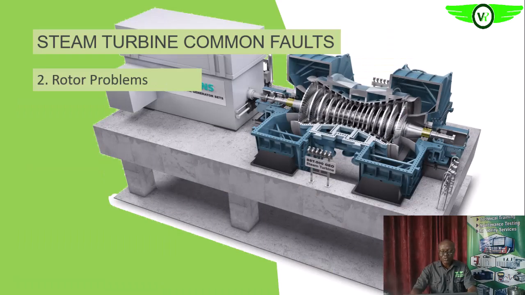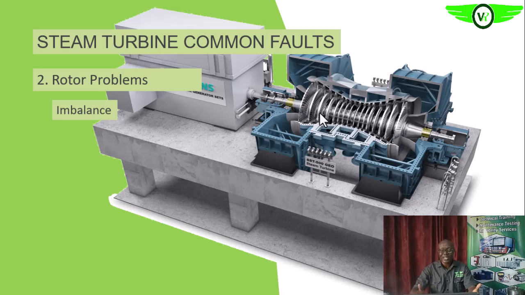So, the rotor. There are some problems associated with the operation of the rotor, and that is what we are going to be looking at in this section. One of the problems is imbalance, or unbalance.